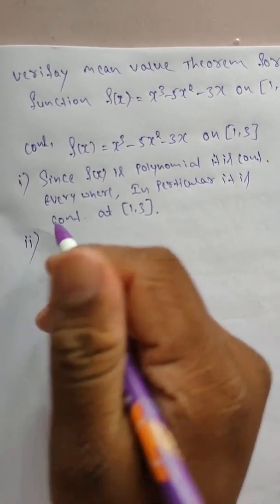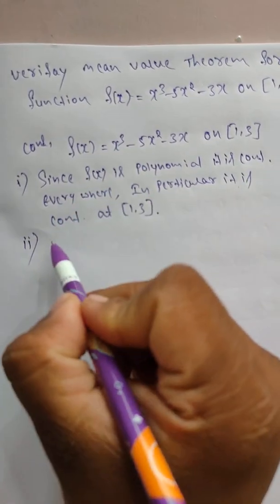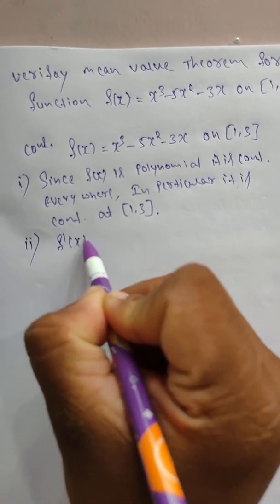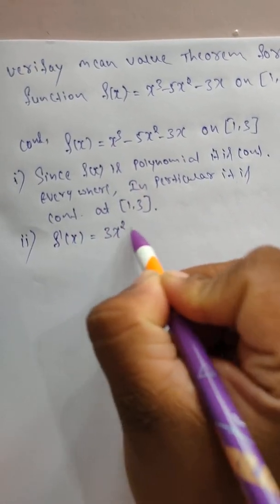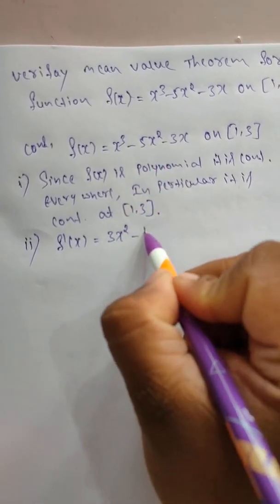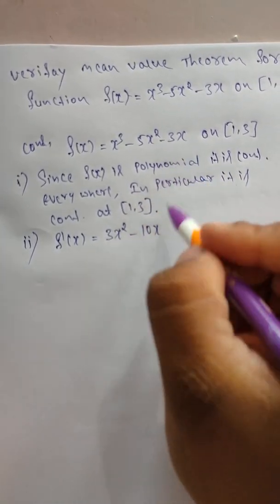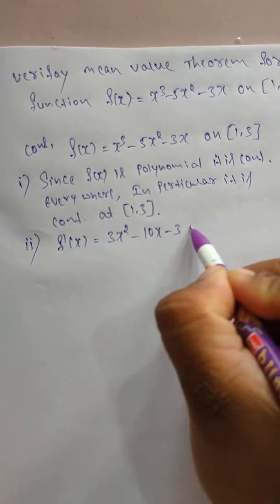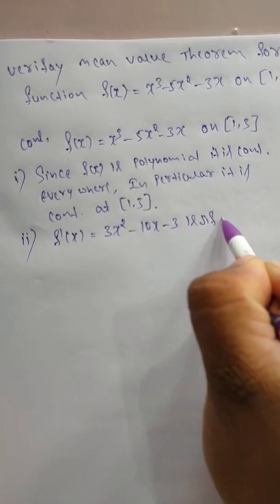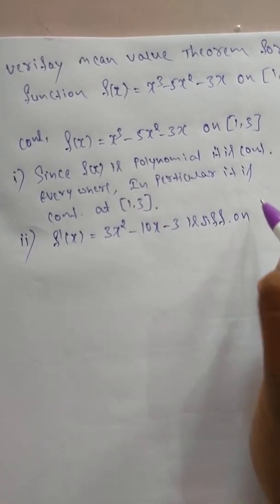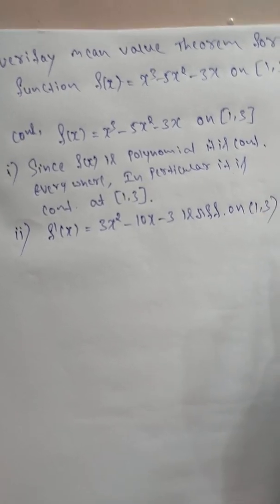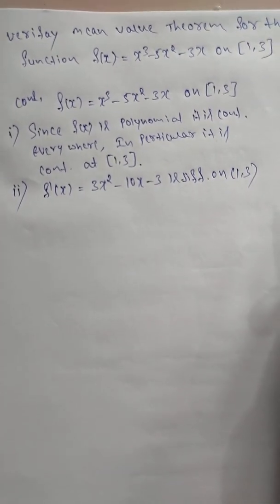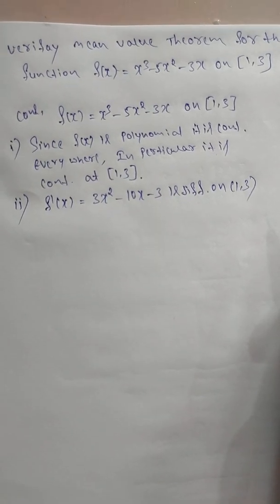What is the differentiability? It is f dash of x. F dash of x is equal to, the differentiation of x cube is 3x square minus differentiation of 5x square is 10x. Differentiation of minus 3x is minus 3. It is differentiable on open interval 1 comma 3.